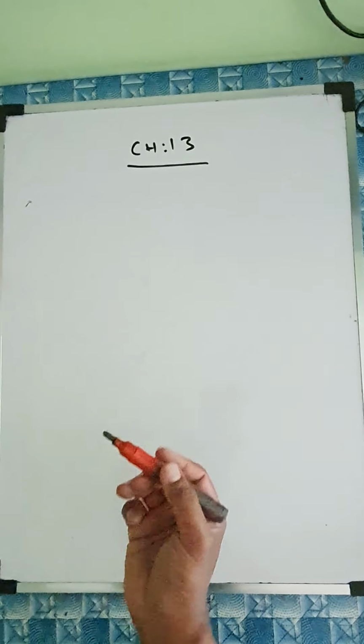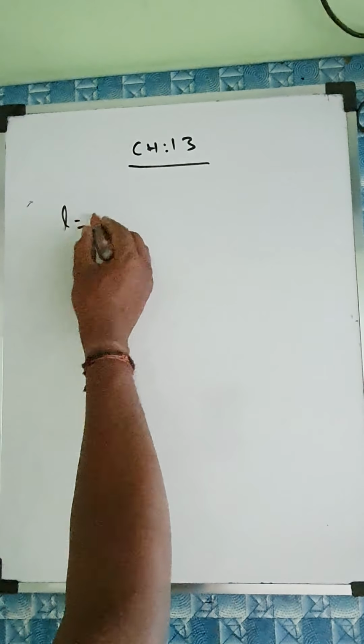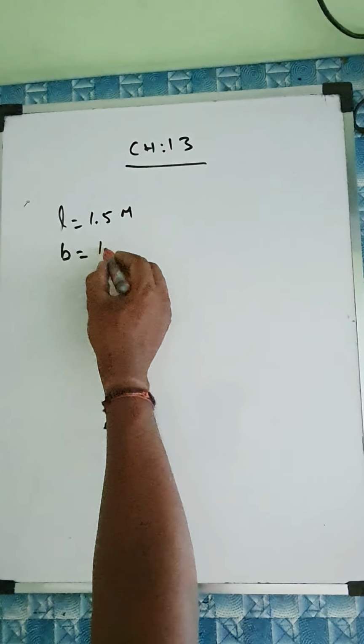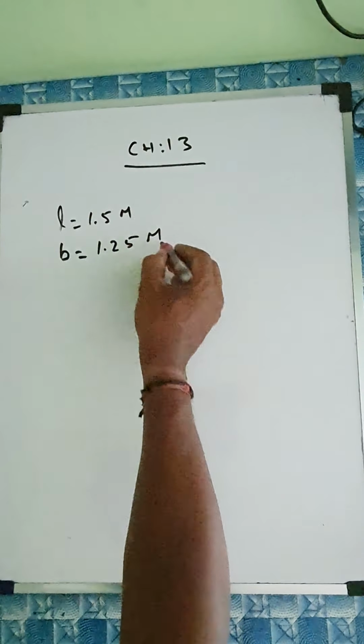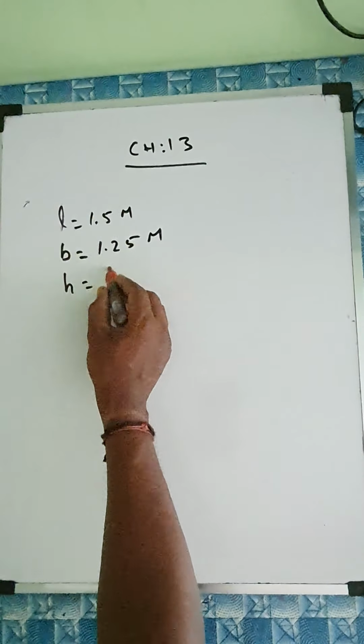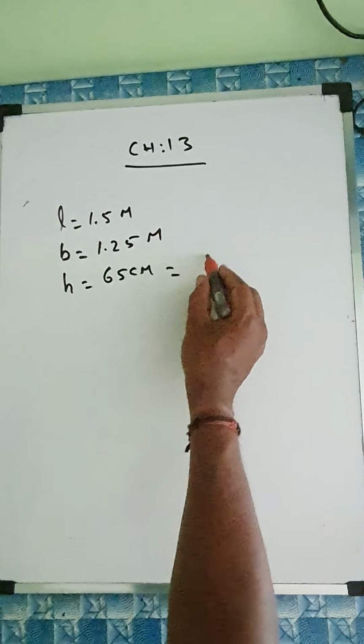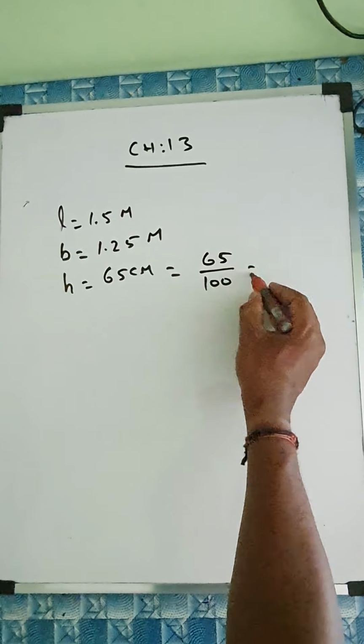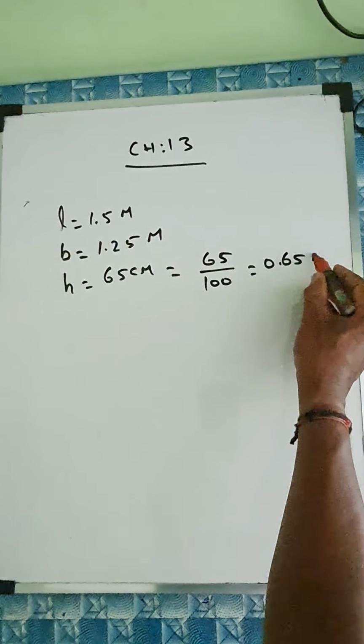So here, length is 1.5 meter, breadth is 1.25 meter, and height is given as 65 centimeter. Changing centimeter to meter, divide by 100, so it will be 0.65 meter.